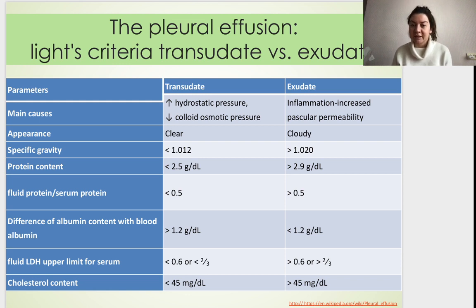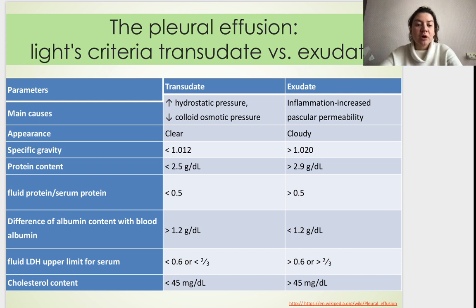2.9 grams per deciliter. For the ratio of fluid protein to serum protein, it is usually less than 0.5 for transudate and more than half for exudate. Difference of albumin content with blood albumin: for transudate, it is usually a higher difference, more than 1.2 grams per deciliter, and for exudate, it is usually lower.